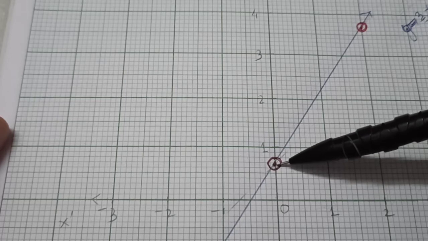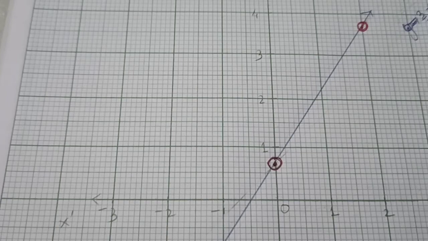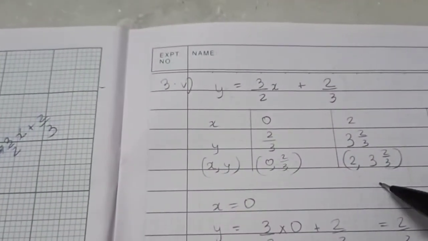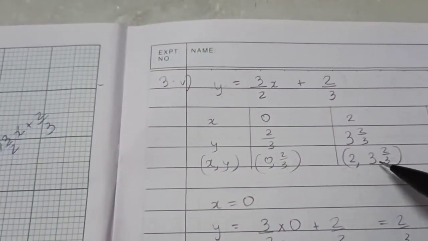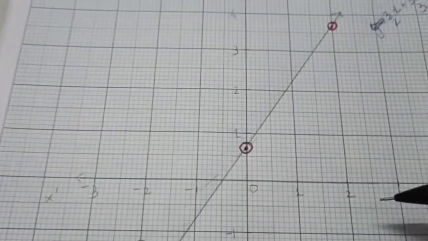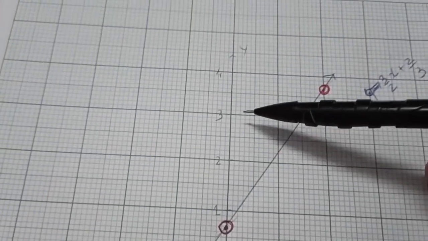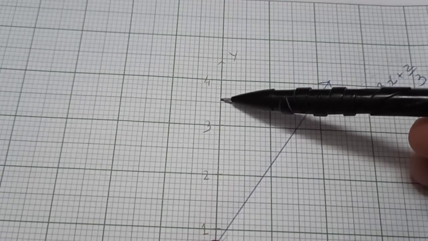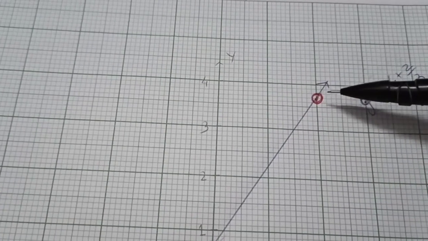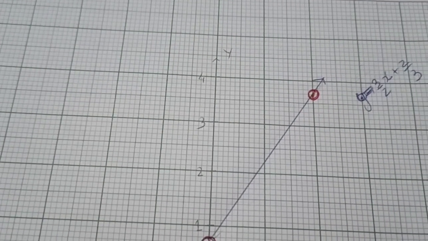So between 0.6 and 0.7 I have plotted this point. Next, 2, 3, 2 upon 3, that is 3.67. So 2 and 3.67, that's 3.5, 3.6, 3.7, somewhere in between, and here's the point to be plotted.